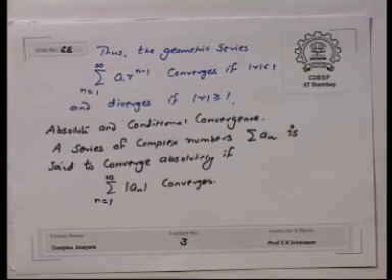Okay, now what is the meaning of absolute convergence and conditional convergence? A series of complex numbers sigma a n is said to converge absolutely if sigma mod a n converges. That is the definition of an absolutely convergent series. You take the series of absolute values that should converge.